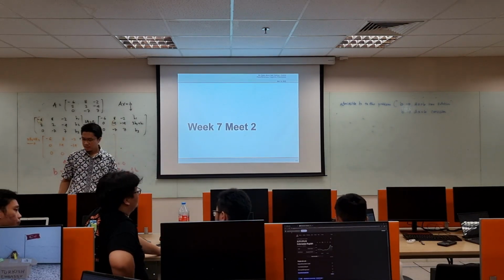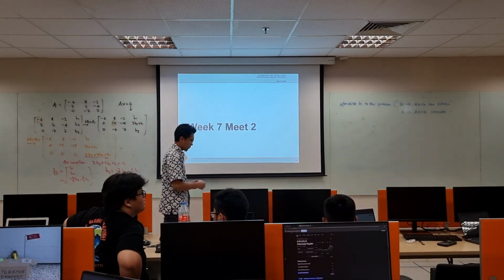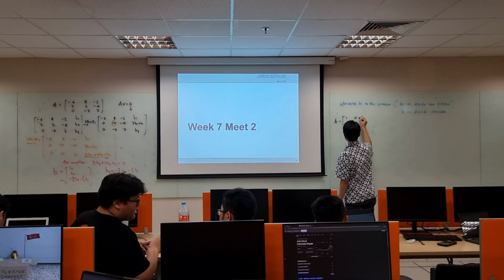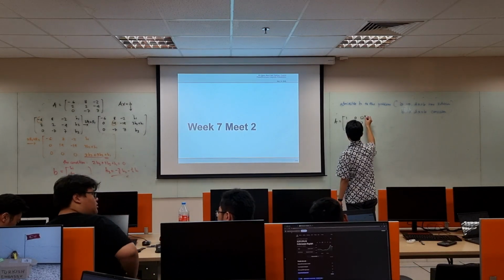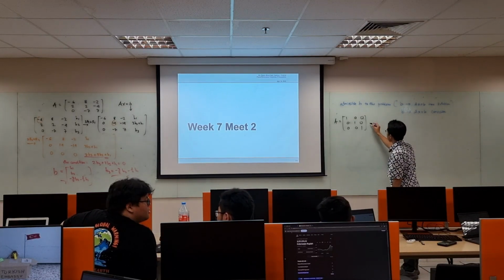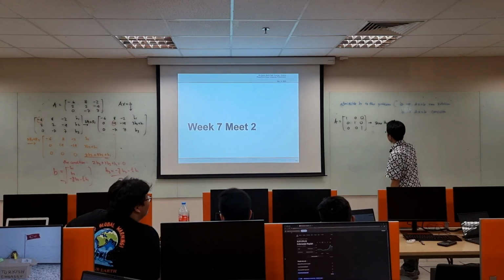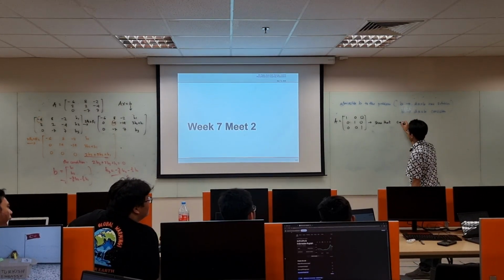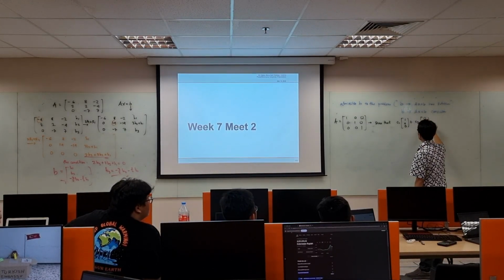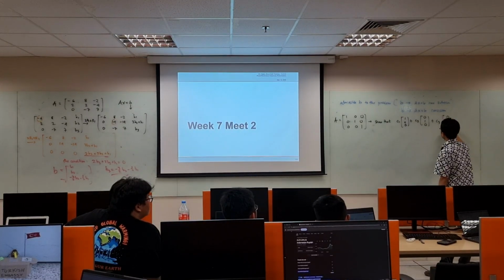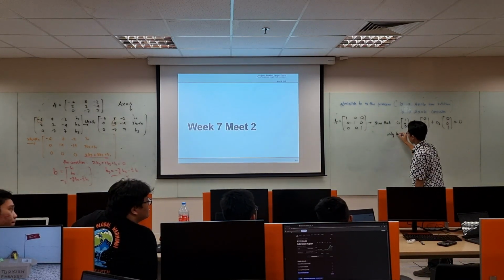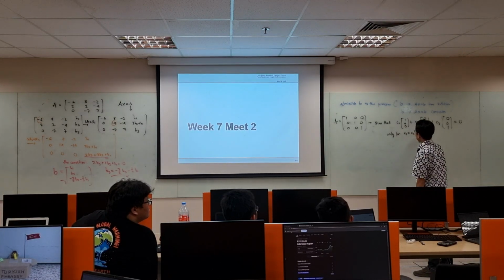The next problem is we have 3 columns. Your task is to show that C1 plus C2 plus C3 is true only for C1, C2, C3 equal to 0.